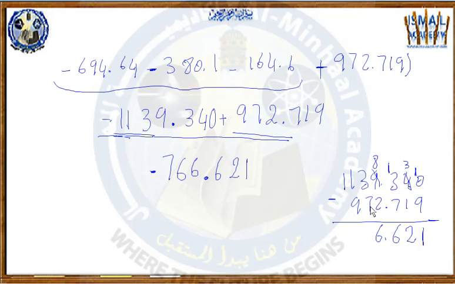Here I have 3 minus 7. I cannot do that, so I borrow 10 from the next number. So I have 13 minus 7, which is 6. Then I will have 10 minus 1 minus 9.